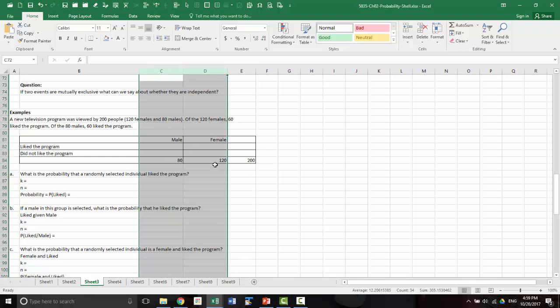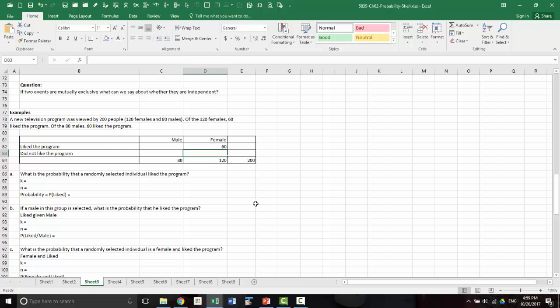Okay, of the 120 females, we have 60 who liked the program. So it's about a television program. So 60 like the program. So now with that, we should be able to figure out the rest of the numbers, right? So this will be that minus that, and of the 80 males, 60 like the program.